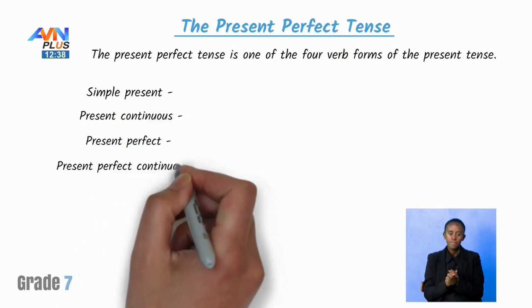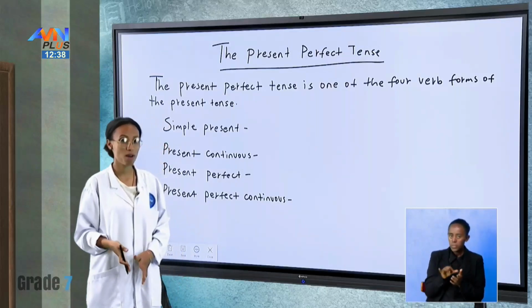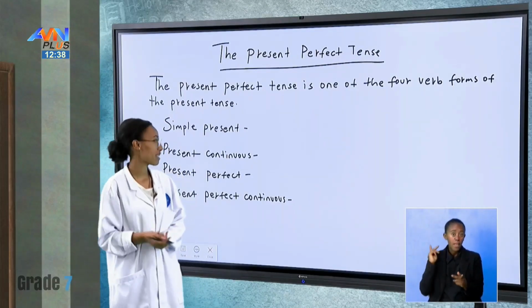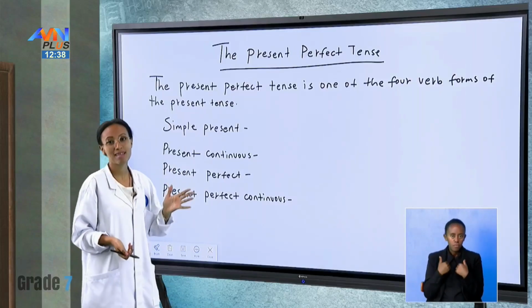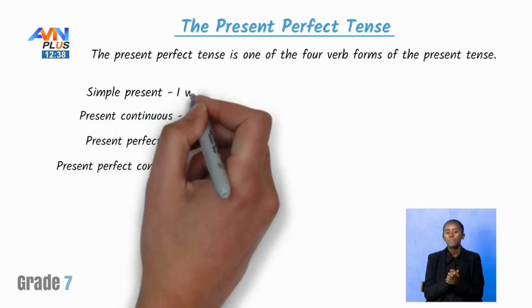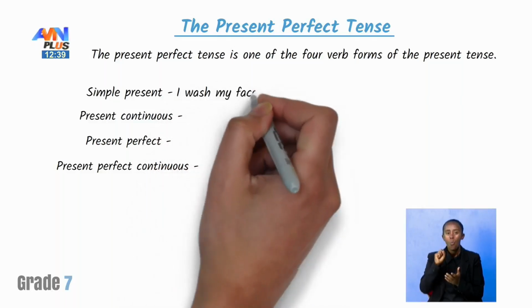It looks very similar to what we discussed last time, if you remember, when we were talking about the past perfect tense. So the simple present tense, let's give a quick example. I wash my face every morning.